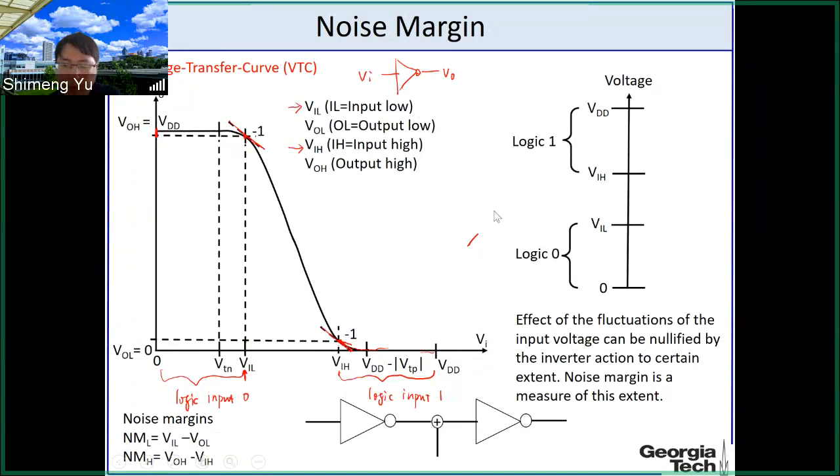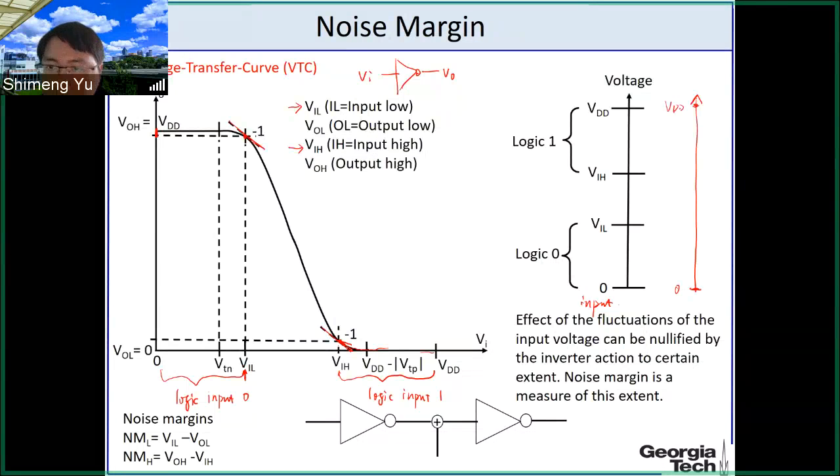If we look at the voltage scale, this is what we just discussed. This is the input voltage range. Input logic 0 can be from 0 voltage to this VIL, that is here. Because in this range, the output will be pretty much close to VDD.